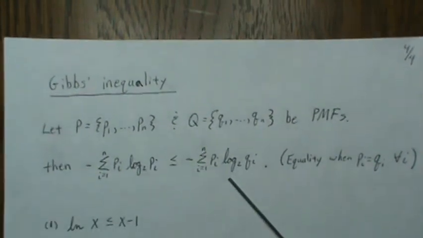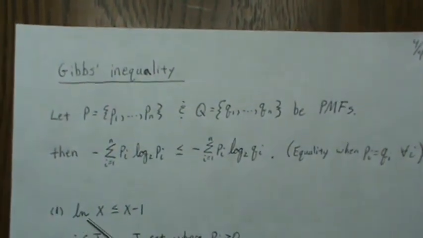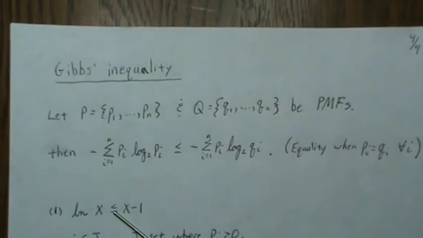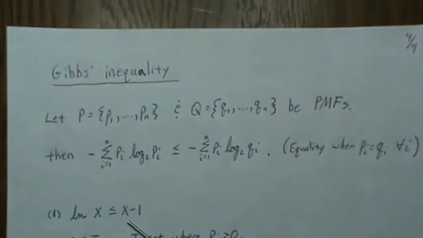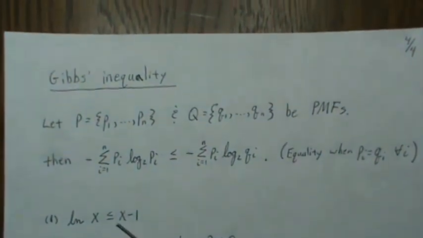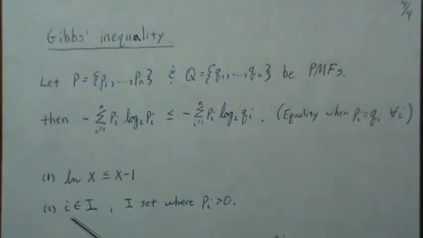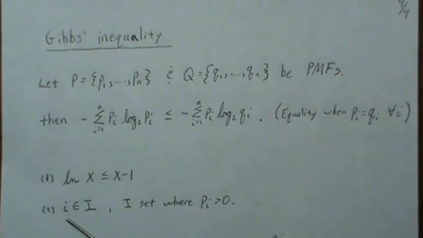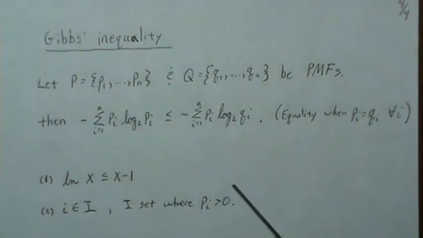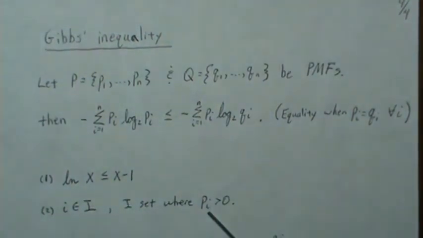So let's show this. Step one is that note that the log of x is always less than or equal to this linear function x minus 1. I'm not going to prove it. You can look it up. Now, initially we only want to take the i in a set, capital I, where the set I makes the p_i's positive.